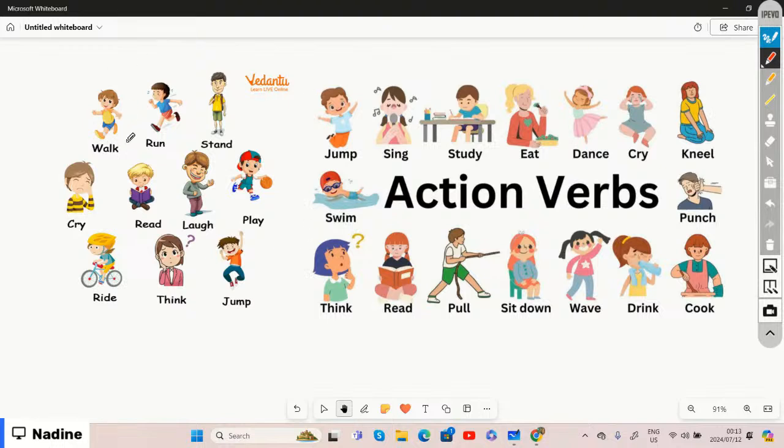Look at the one boy. It says walk. Run is an action verb. Stand. So if you're just standing, that is also an action verb. It's something that you're doing.